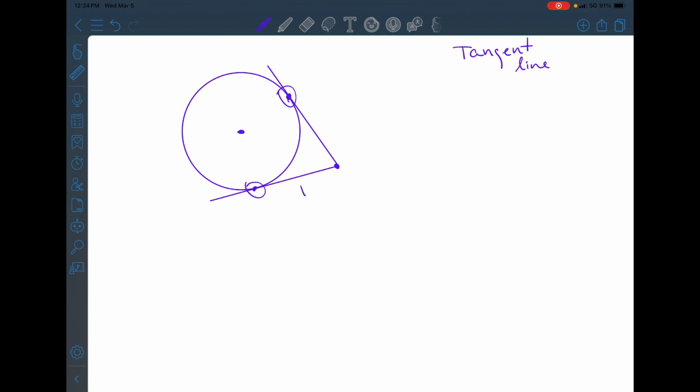So if this were 15, then this would have to be 15. On your worksheet, we did a bunch of these where we found the perimeter because we had tangents that formed a shape around. So that's about it on tangent lines.